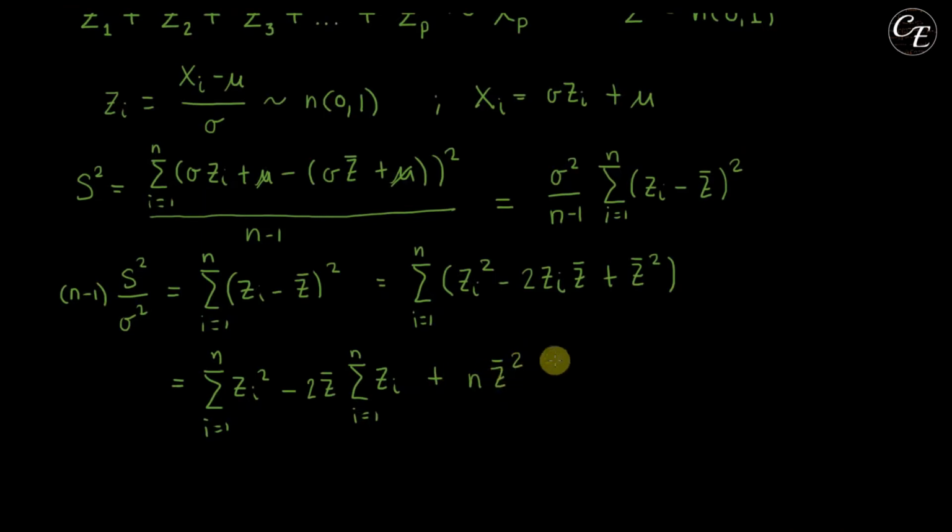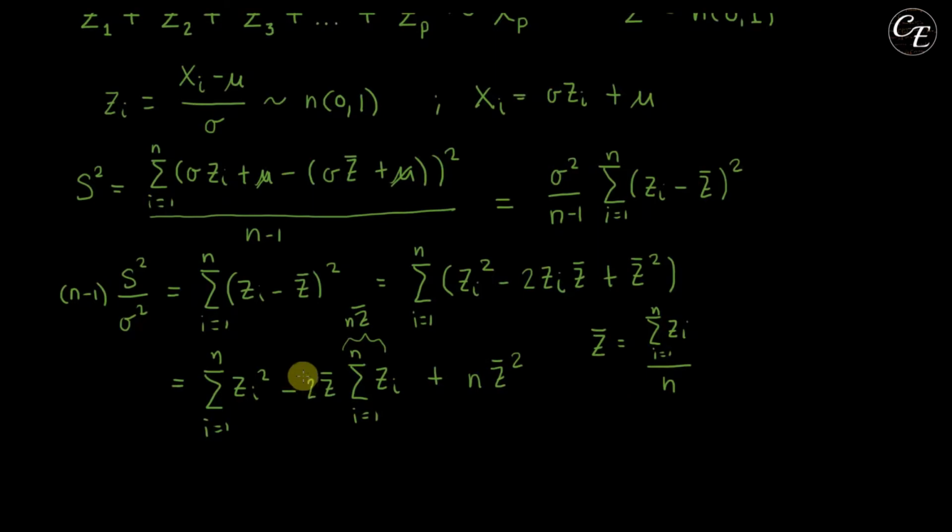Now for this z bar, we know that it is the average of the z sub i's, so the summation of z sub i from 1 to n over n. Then this one will be n times z bar.